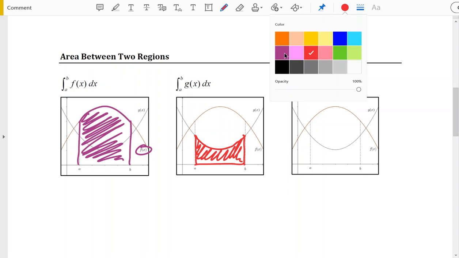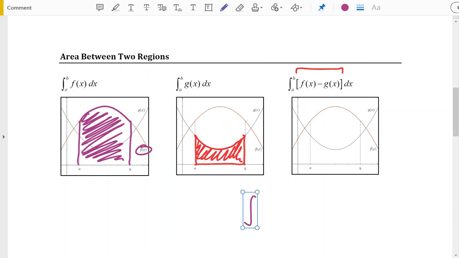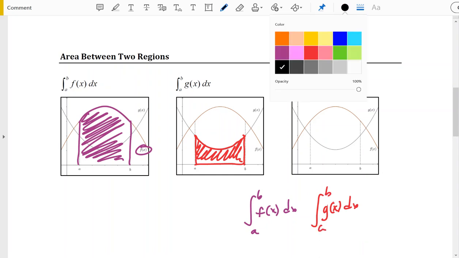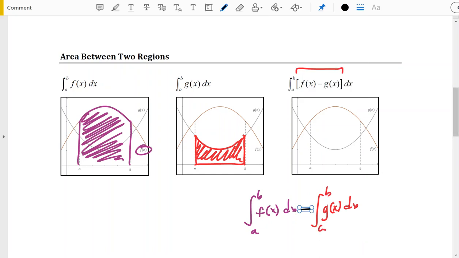However, if we remember that we can break this up into 2 different definite integral problems, the first being the definite integral of f of x from a to b, and the second being the definite integral of g of x from a to b, then we'll recognize a way in which we can represent this set of regions in the shaded area above.